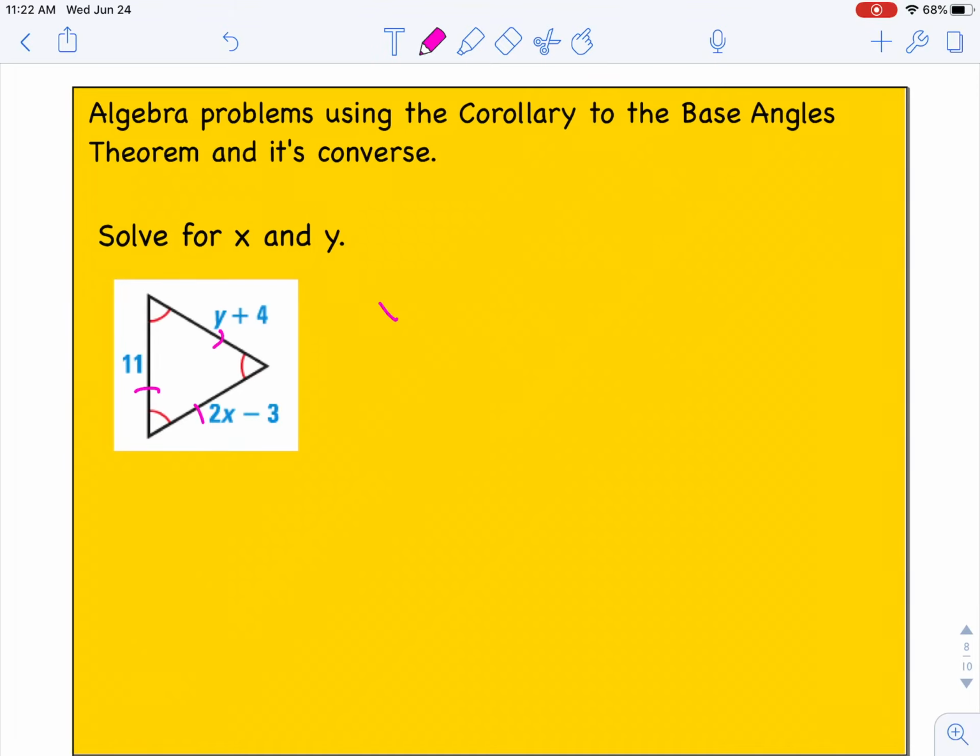And so what we have then is that y plus 4 would equal 11, and 2x minus 3 would equal 11. And when we solve, we simply get y equals 7. And obviously x would also equal 7 in order for those both to be 11.